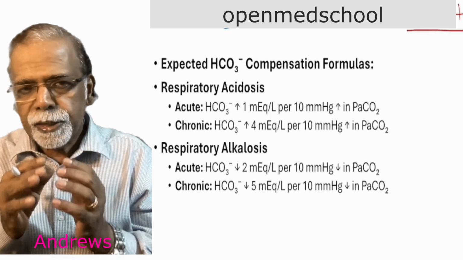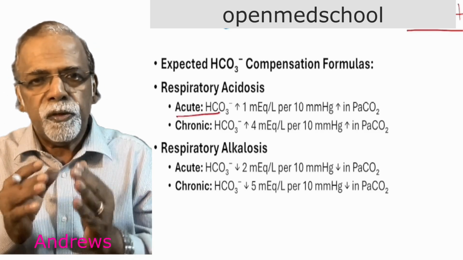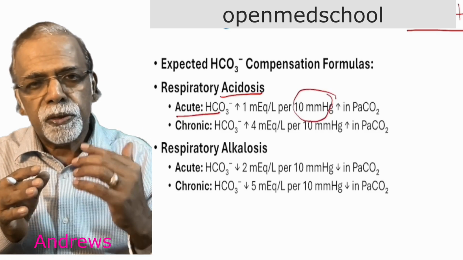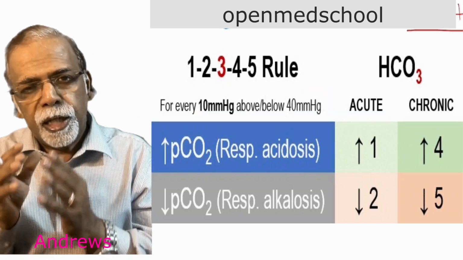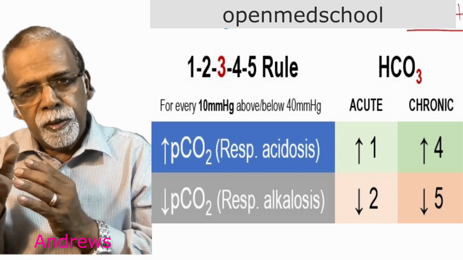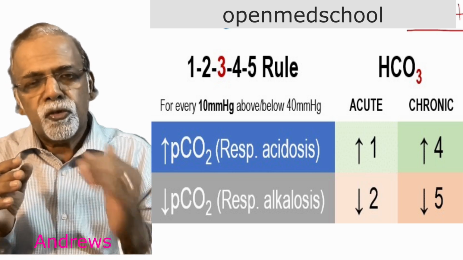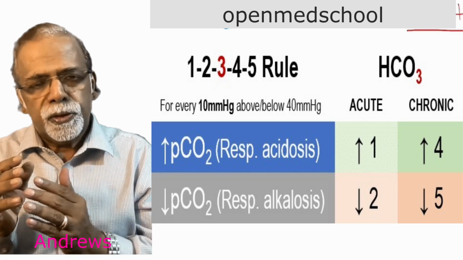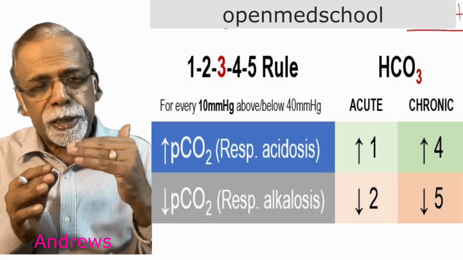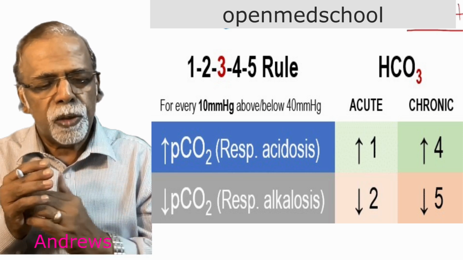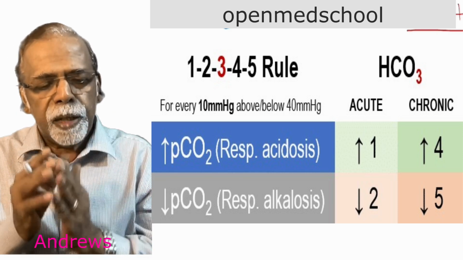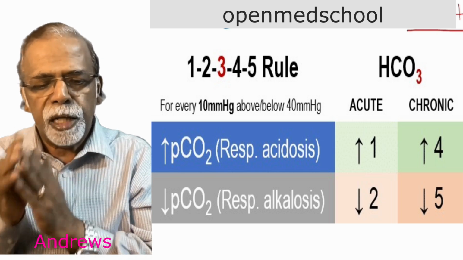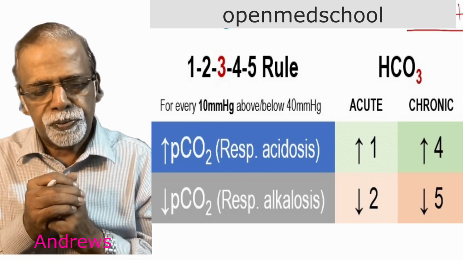Now, what is this compensation? For the acute one, you remember the rule. For acute respiratory acidosis, every 10 mmHg change in the PaCO2 will produce a change of 1. So that is for acute respiratory acidosis. I will repeat once more. Expected bicarbonate compensation formula for acute: bicarbonate will increase 1 mEq/L for every 10 mmHg rise in PaCO2.